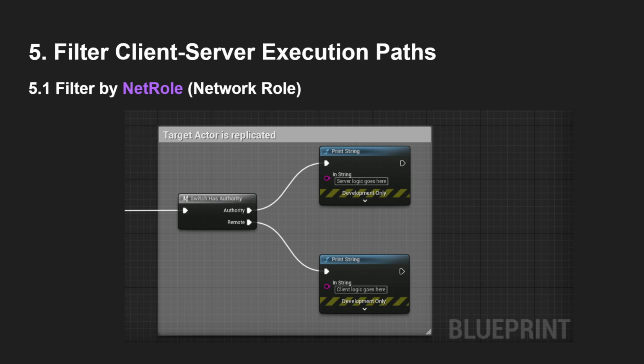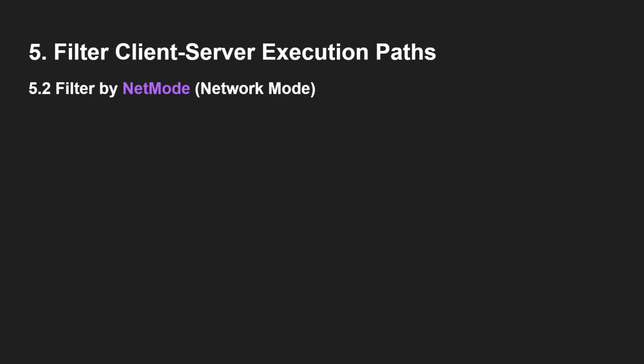In that case, the local role of that actor will be authority, and it makes total sense considering that the client is the one who spawned it. That's why I always say use this when the target actor is replicated. It's not only when it's replicated. It should also be used at a specific point in time, which we'll look at in a second.